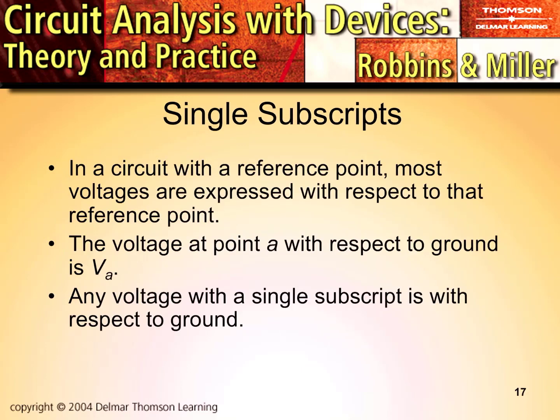Pretty straightforward. Single subscripts are always with respect to ground. So if you don't see this symbol in a circuit, single subscript has no meaning. It's always with respect to ground.